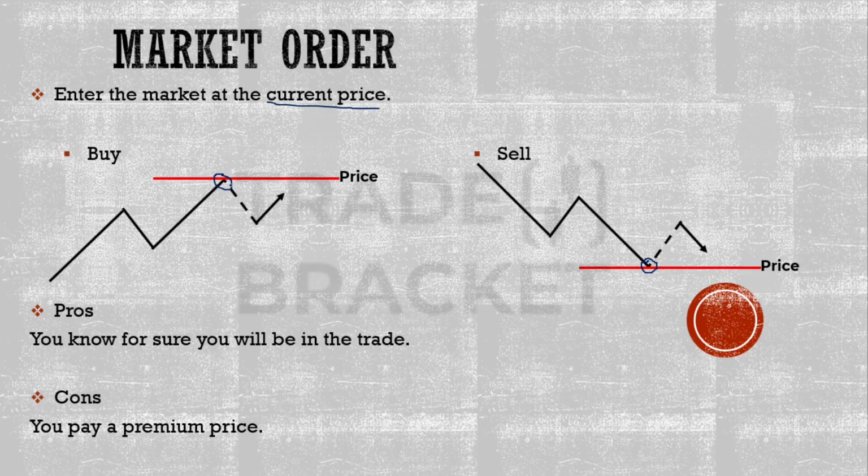What that means is, in economics we know the simple basics: you always want to buy low and sell high. Let's say you executed a buy trade at this point, and price pulls back to this point and then continues in your desired direction.